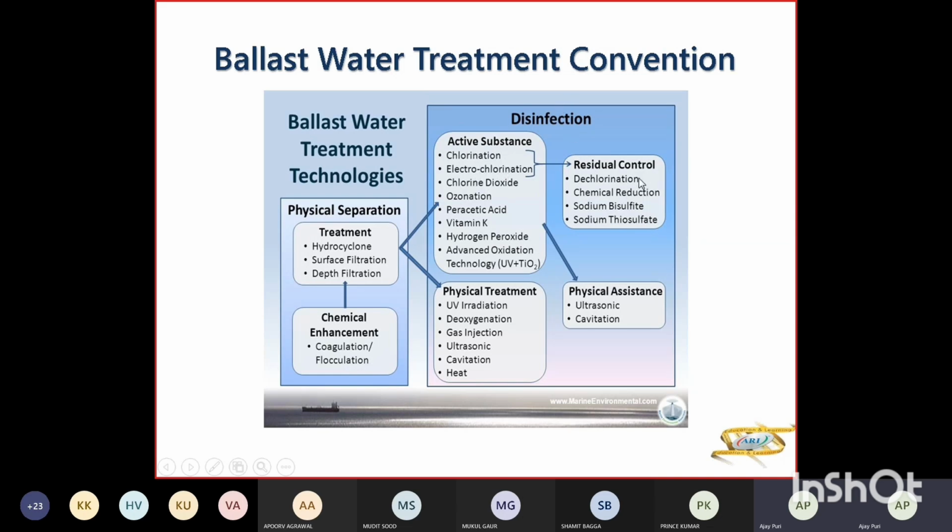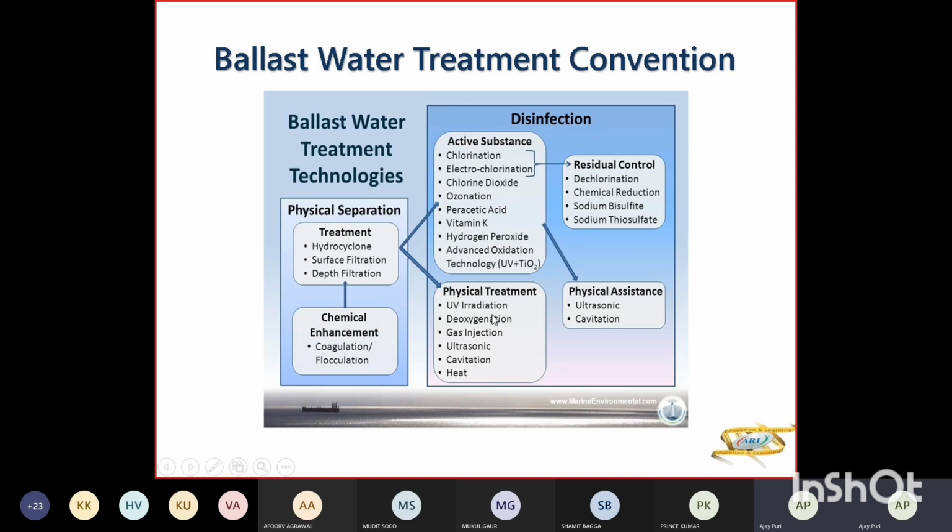So there you have a residual control by chlorination, chemical reduction, sodium bisulfite and sodium thiosulfate. Then you put chlorine dioxide there, peracetic acid or vitamin K or H2O2, they can kill the germs, or you have advanced oxidation, or you use ultraviolet plus titanium oxide. Physical can be ultrasound or cavitation.